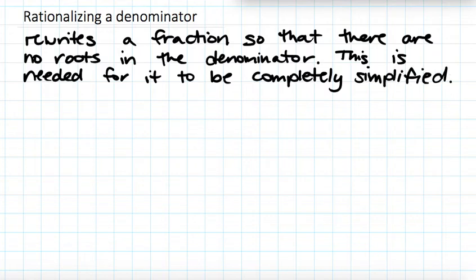If you enter an answer into MyMathLab that's the correct answer, but you don't rationalize the denominator, then MyMathLab is going to mark it wrong.